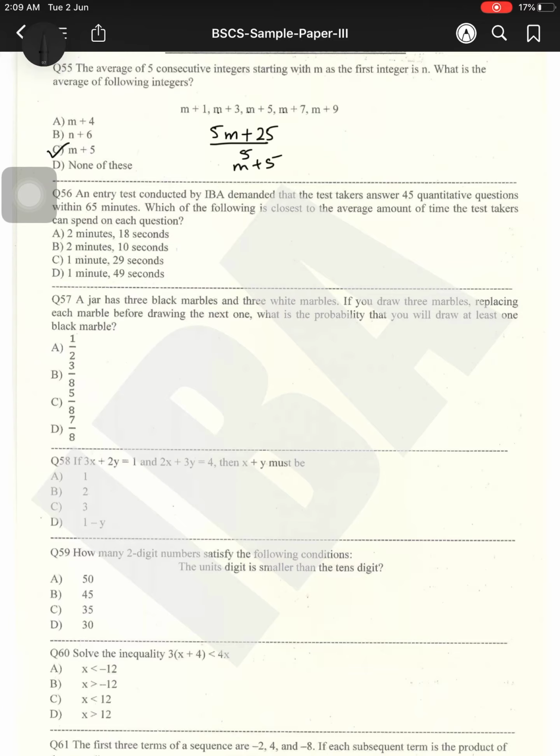This next question, he says that how many questions can you solve, he's saying which of the following is closer to the average amount of time the test taker can spend on each question.